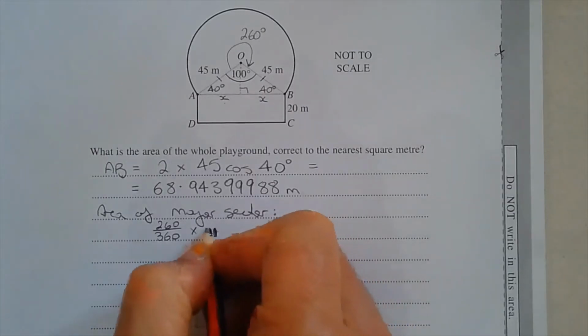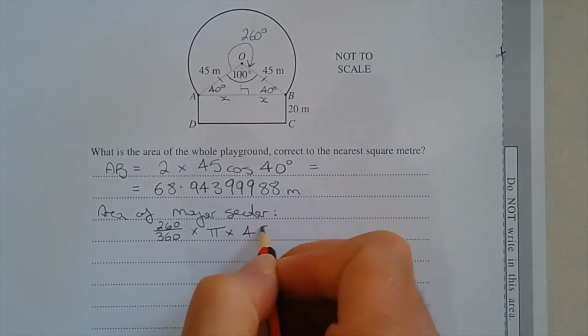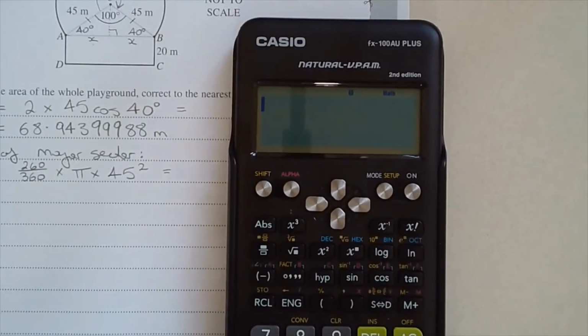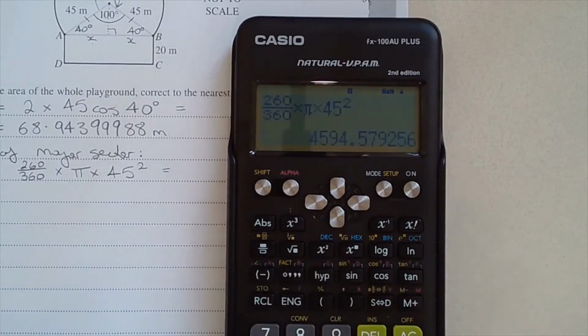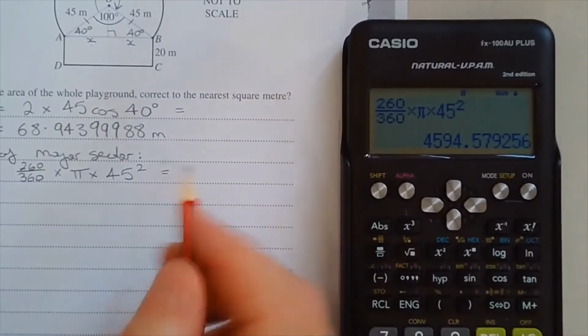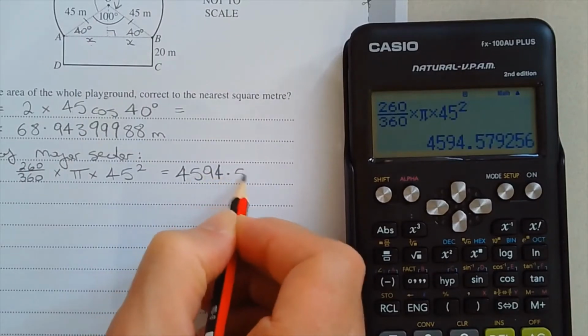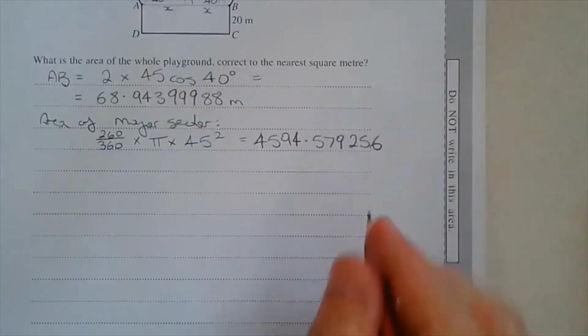So pi multiplied by the radius, which is 45 meters, and we're going to square that. 260 over 360 multiplied by pi multiplied by 45 squared, and we get the answer 4594.579256 square meters.